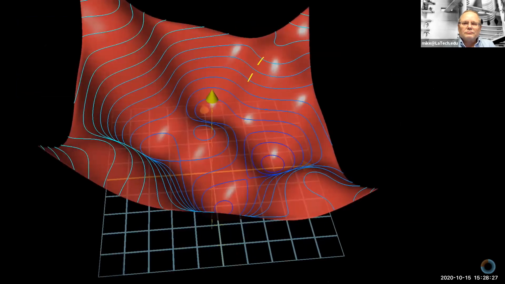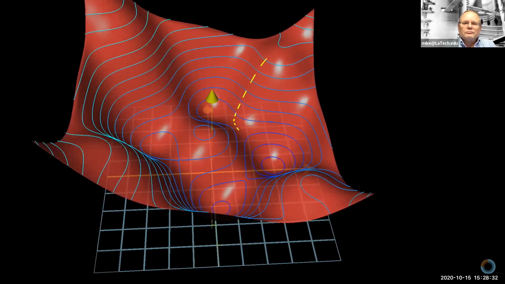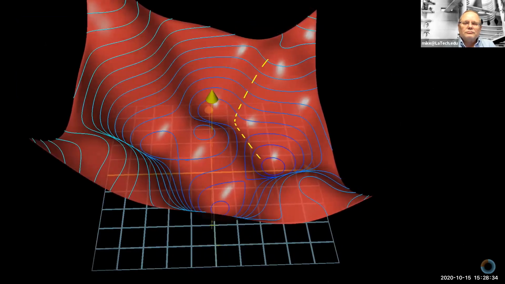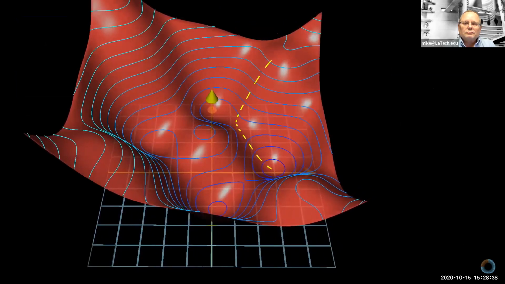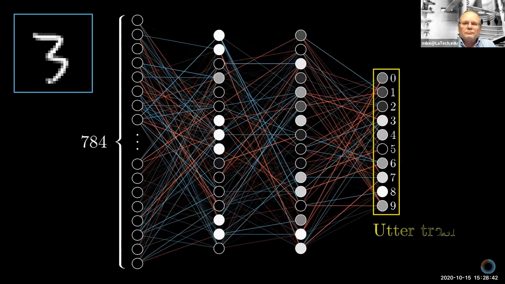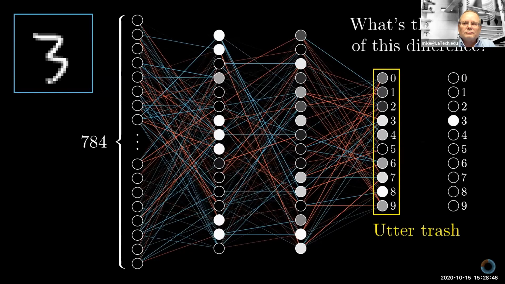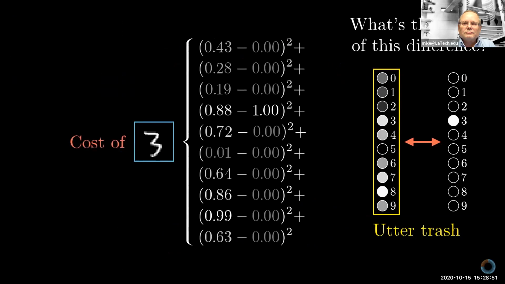I'm also expecting you to understand gradient descent, as described in the last video, and how what we mean by learning is that we want to find which weights and biases minimize a certain cost function. As a quick reminder, for the cost of a single training example, what you do is take the output that the network gives, along with the output that you wanted it to give, and you just add up the squares of the differences between each component.